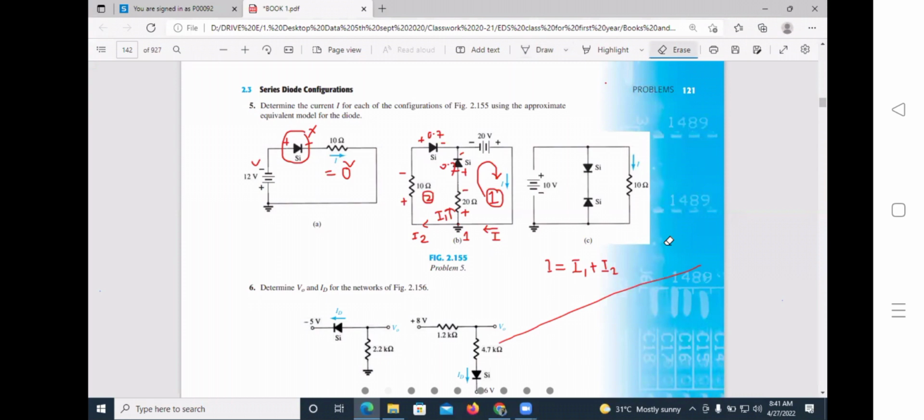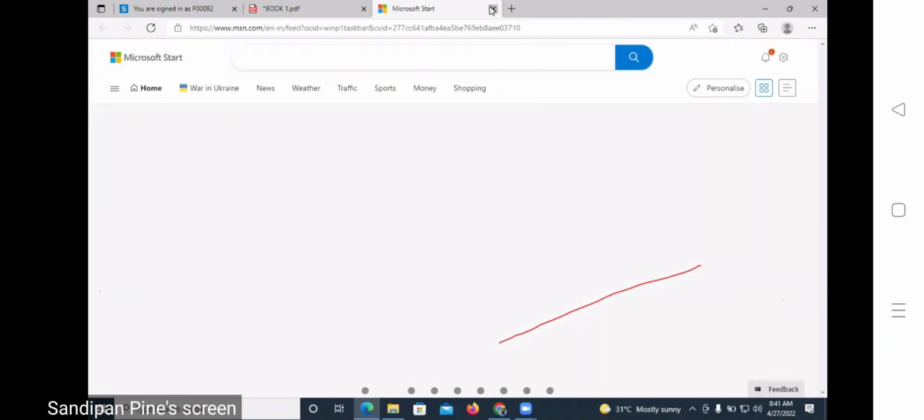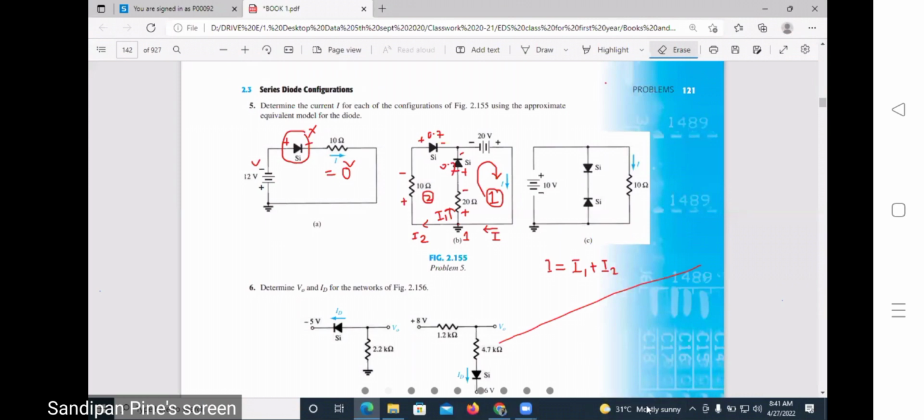So now what you have to do? Please don't mark anything here. So if we apply KVL, from any point we can start.